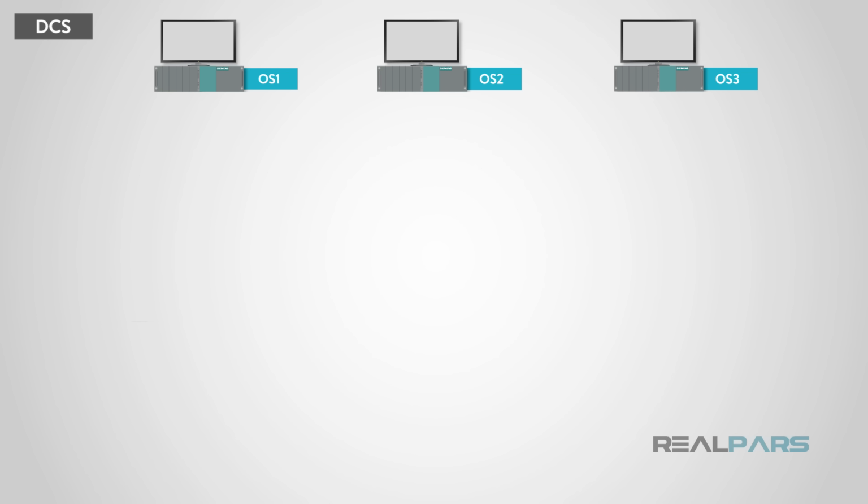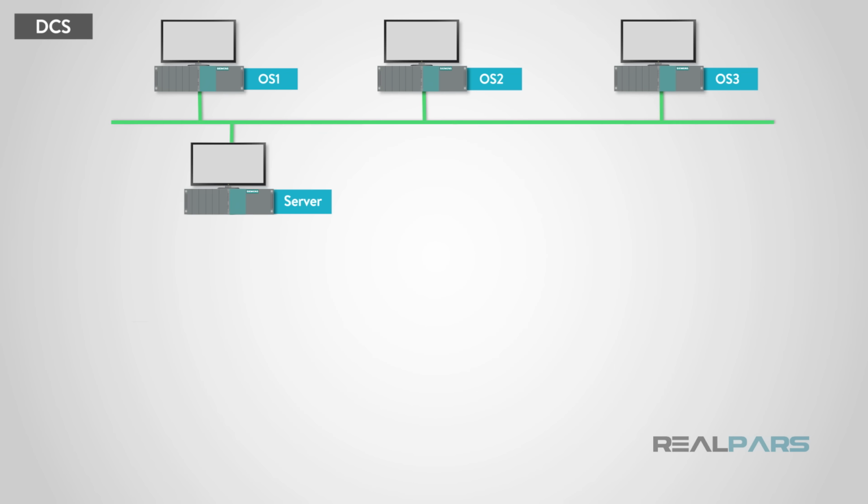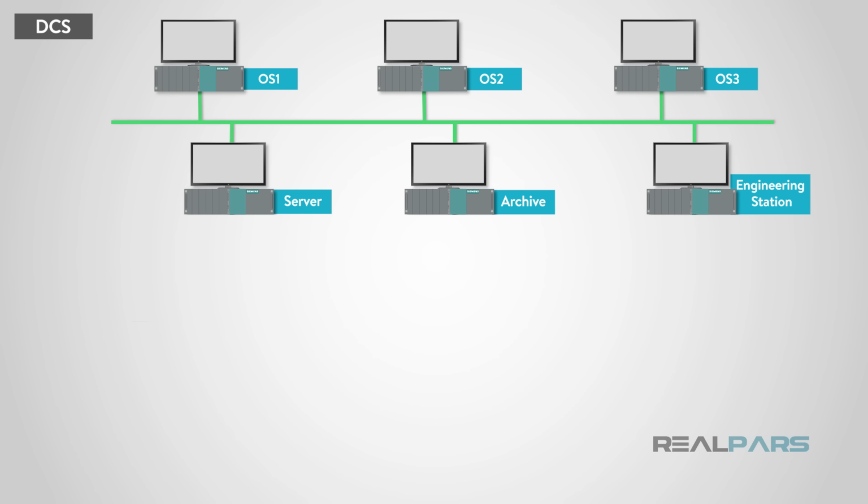Operator stations, in a DCS, are the heart of the system. This is where the operator can observe the operations of the plant, view process warnings and alarms, monitor production, and more. The next level of components may contain servers, archiving computers, and engineering stations.